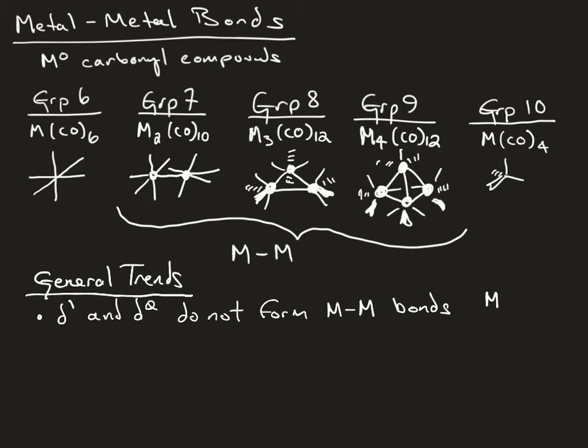So you can form these in some cases where you have bridging ligands. d7 and d8 compounds form metal-metal single bonds.